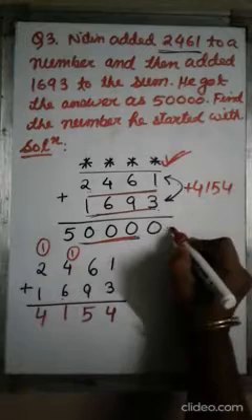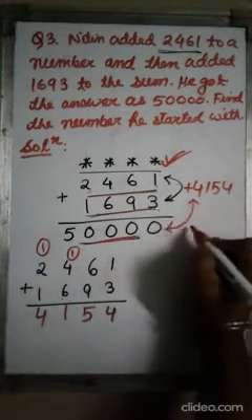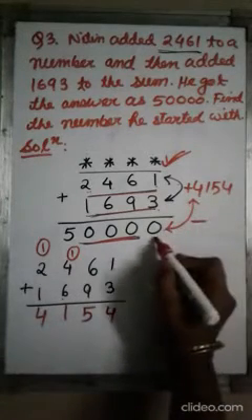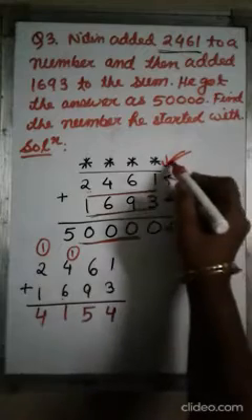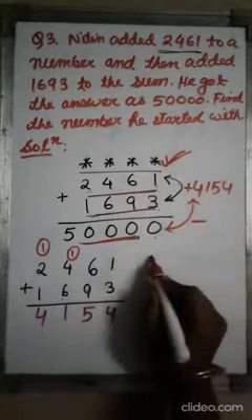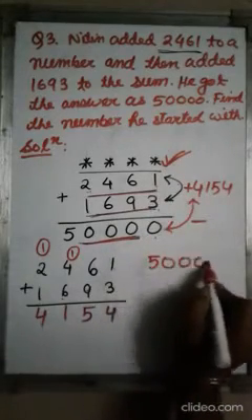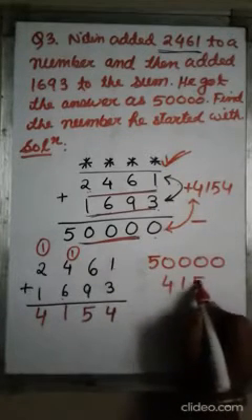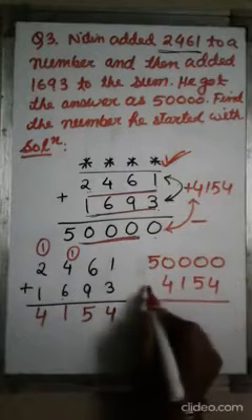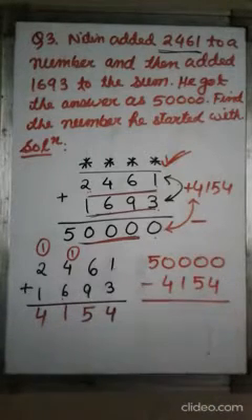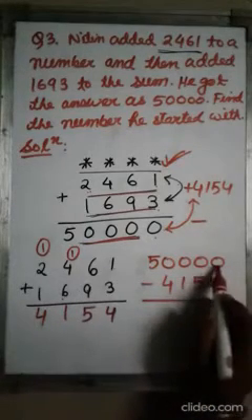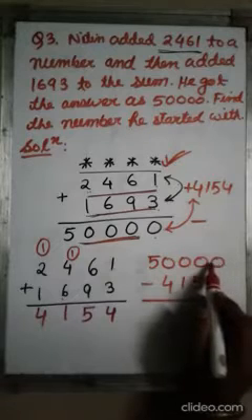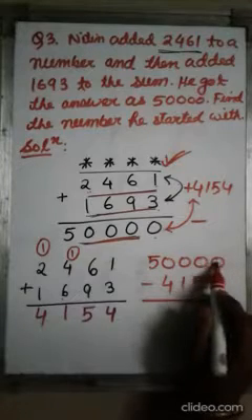If we subtract this from 50,000, we get the number. So from 50,000, I am subtracting 4154. We do not have anything here, only 0.